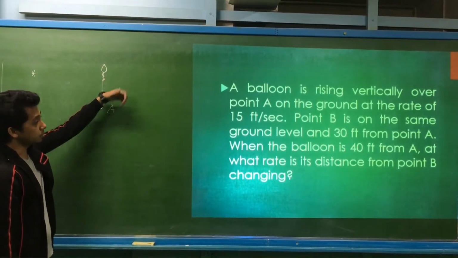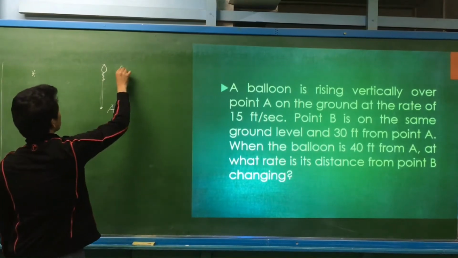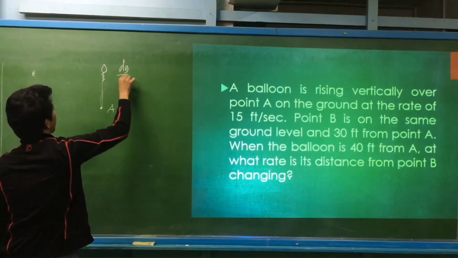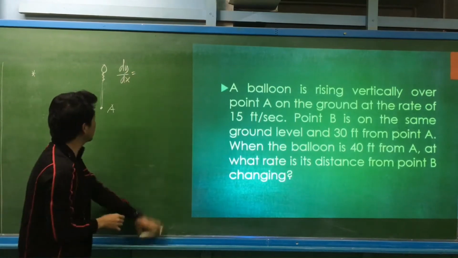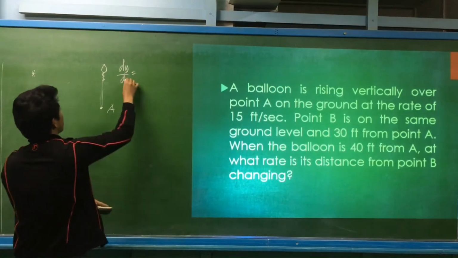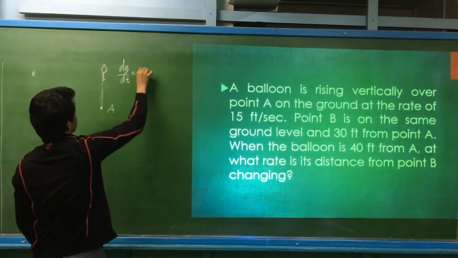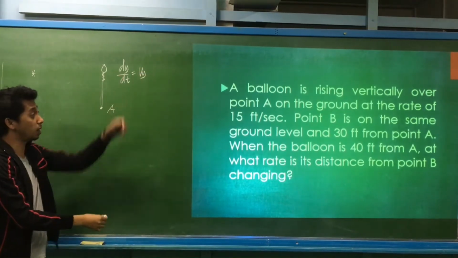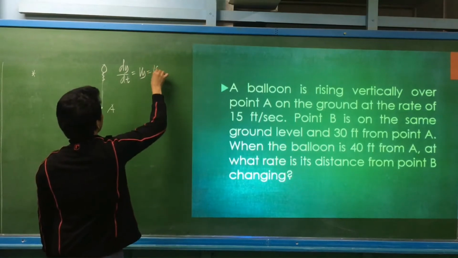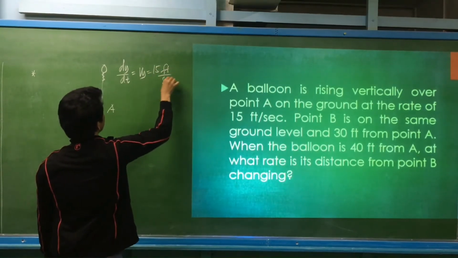The balloon is rising at the rate, since this is vertical, dy over dt, which is the same as the velocity along y, equal to 15 feet per second.